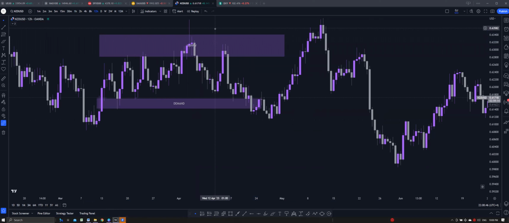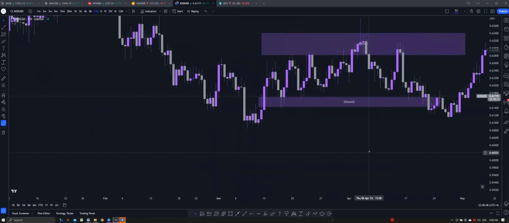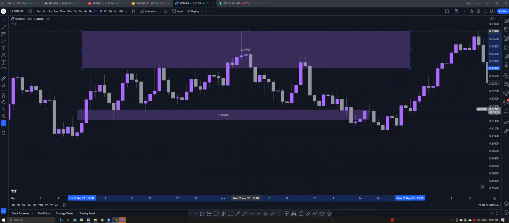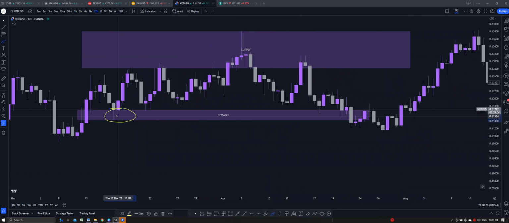If you do notice this example here, you see how we had a demand zone. Every time the price hit the zone, buyers found this area really favorable to buy. And every time the price hit around the zone here, we see price selling off, selling off, selling off, right? But eventually we see price actually break through the demand zone.